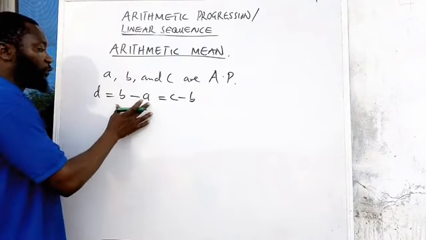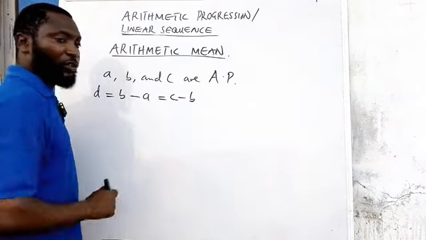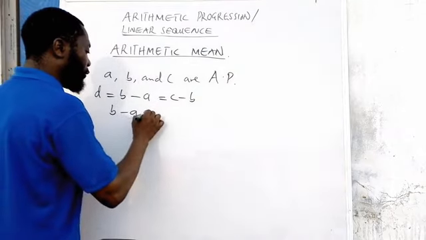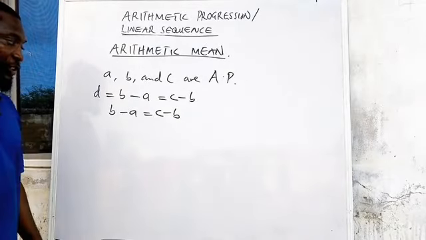Since B minus A is the common difference, C minus B is also a common difference. So B minus A equals C minus B, and we can make B the subject.